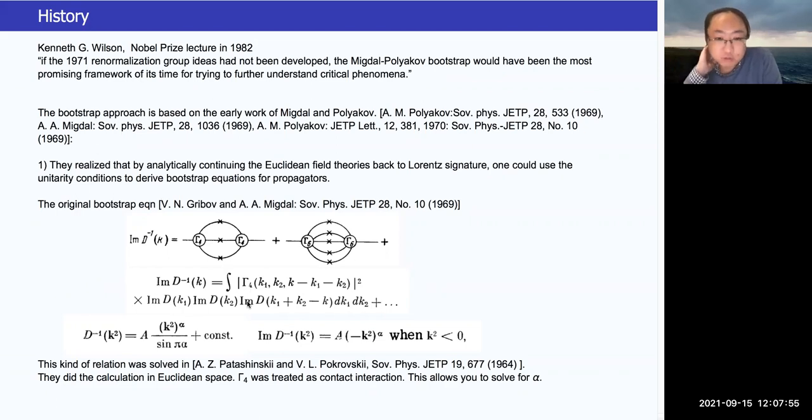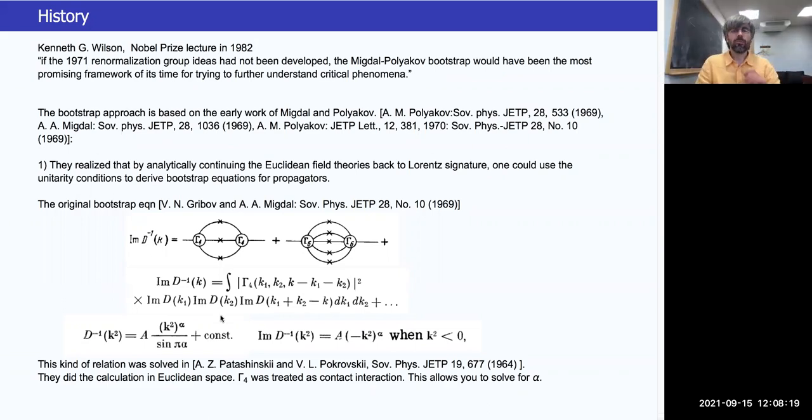But what Polyakov did in his paper was he put an ansatz for these propagators, or the inverse propagators, you take the imaginary part at the Lorentz signature, you plug it back in, and you can derive the relations between the scalings for this gamma 4 and the scalings of these D's. Basically, that's what he did.